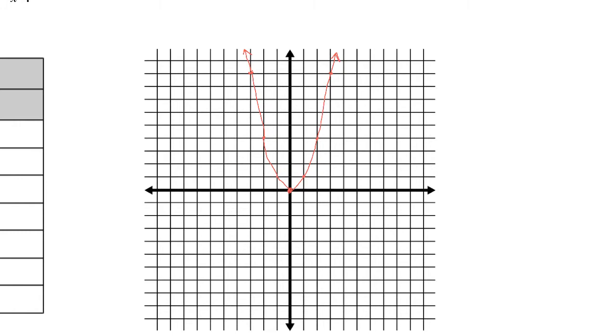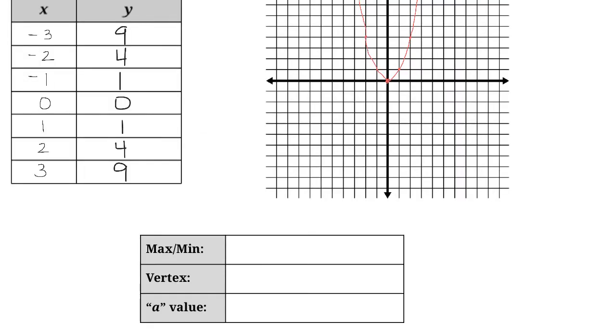So the equation y = x² is going to be referred to as our parent function from this point onwards. So in our parent function, we are dealing with a minimum, since our parabola opens up and our vertex is located at the bottom of our parabola, or the lowest point of our parabola.